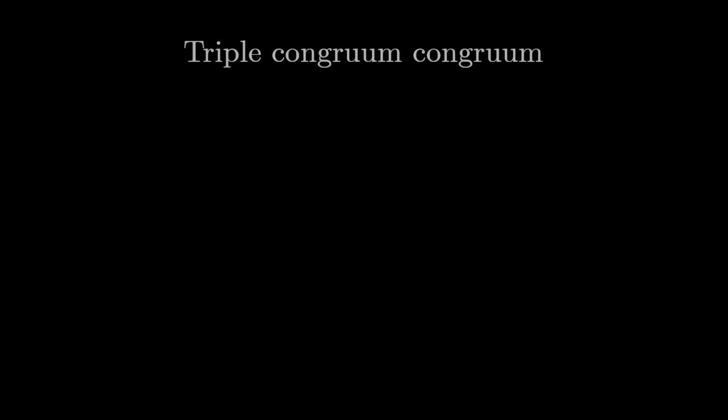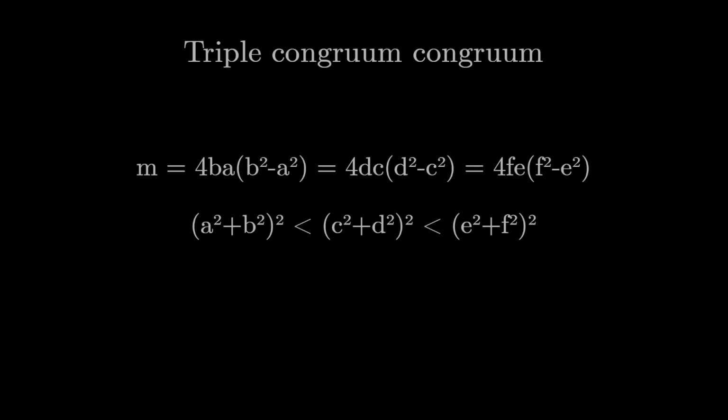Let's take a little deeper look at that. So again, M is defined like so, with the parameters A, B, C, D, E, F. And now N should also be a congruum, defined by these numbers.